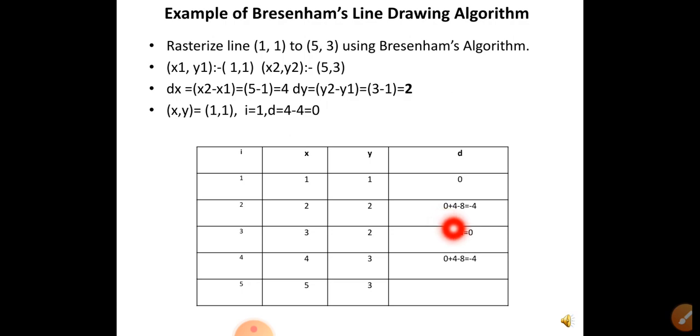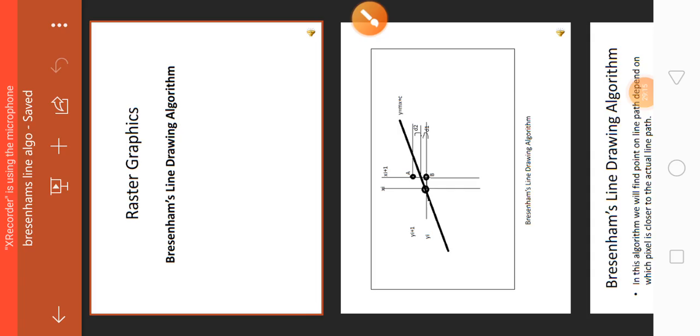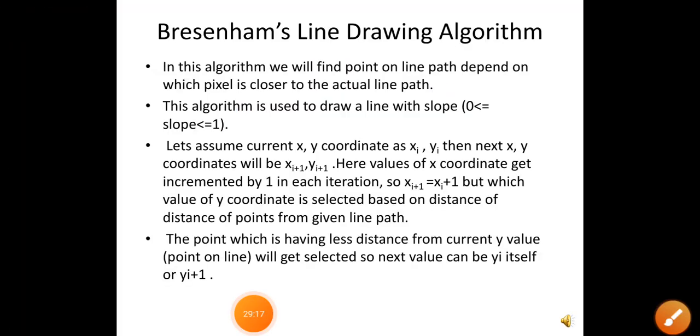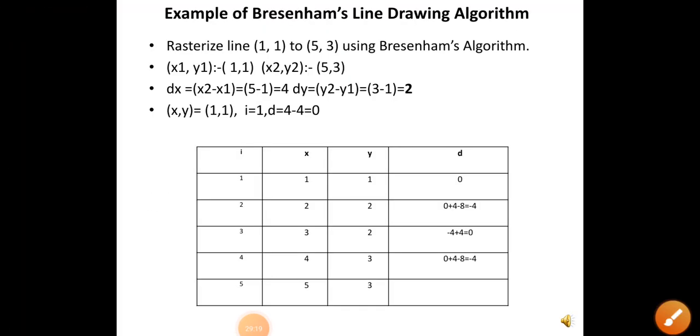If the decision parameter is greater than 0, the decision parameter for the next step is 0 plus 2 dy. 2 dy means what? 0 plus 2 dy, 2 into 2 is 4, 0 plus 4 minus 2 dx, dx value is 4, 2 dx is 8, so 0 plus 4 minus 8 is minus 4.